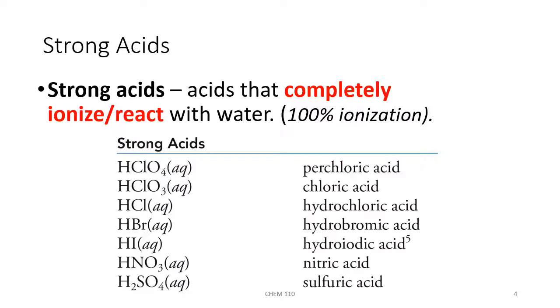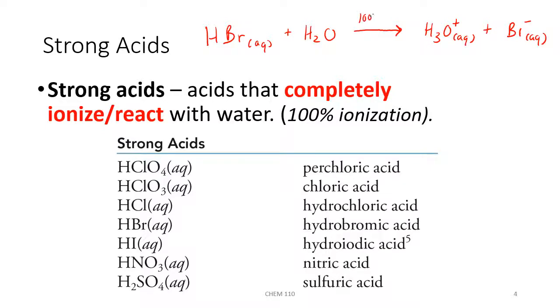Any acid on this list, when it ionizes, so for example, if we look at hydrobromic acid in water, will break up 100% into hydronium ions and bromide anions.